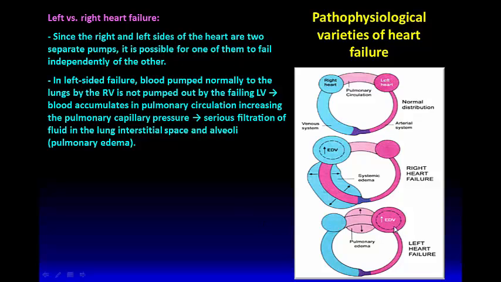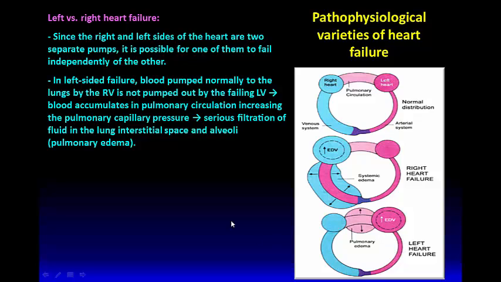In left-sided failure, in left ventricular failure, blood which is normally ejected to the lungs by the right ventricle and eventually reaching the left ventricle by the pulmonary veins and left atrium is not pumped out by the failing left ventricle into the systemic circulation.